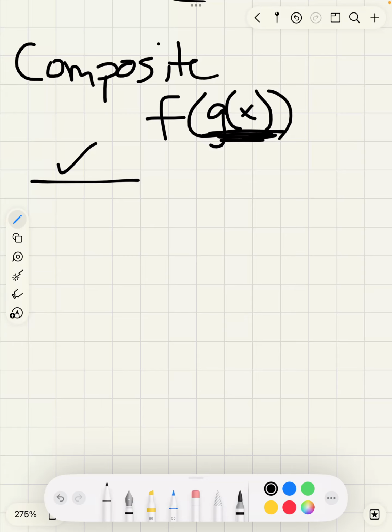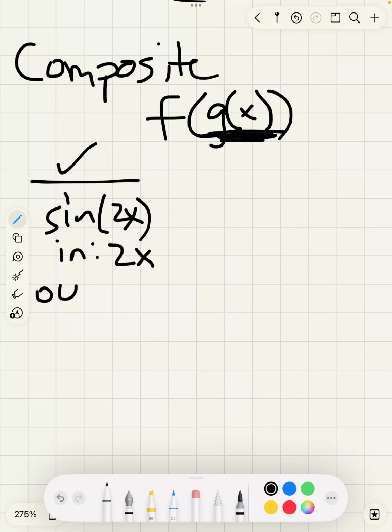Let's say we've got sine of 2x. Here, the inside is going to be 2x, because you can see the function 2x is being plugged into something else. Namely, it's being plugged into sine of something. So the outside function we would write as sine of x.